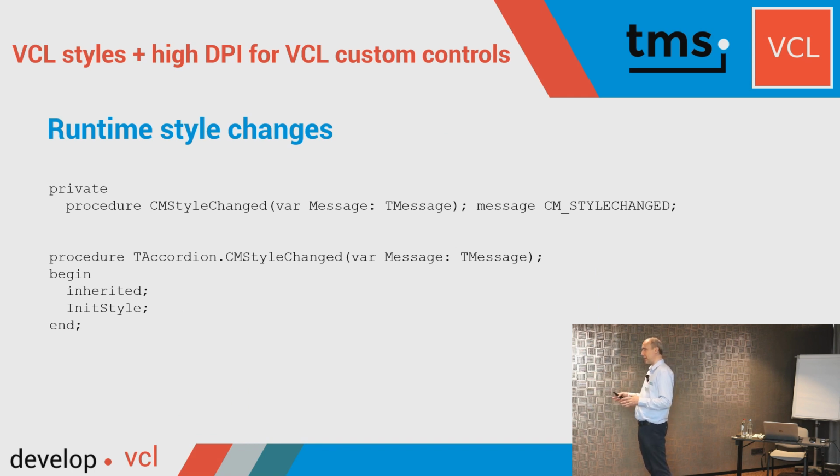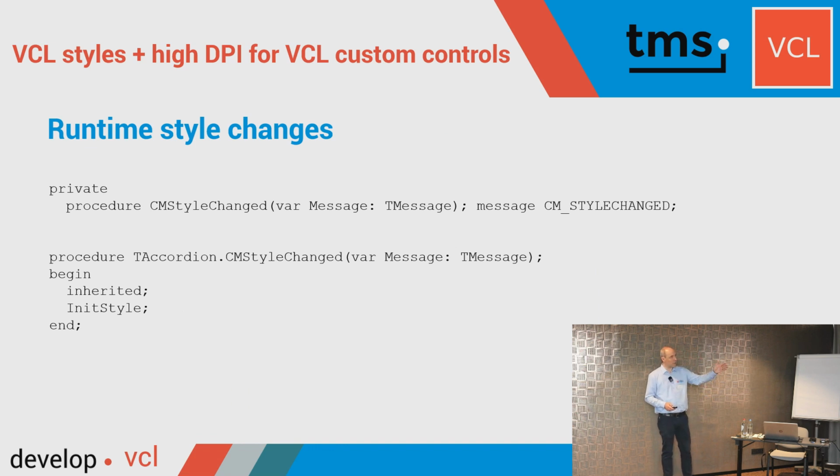If you enable your application to select from different styles at runtime, or you might have a light colored and a dark colored style and automatically adapt to your operating system, then you handle the CM style changed event. That method is called when you dynamically change the style at runtime in your application, and from there you might need to initialize certain things.